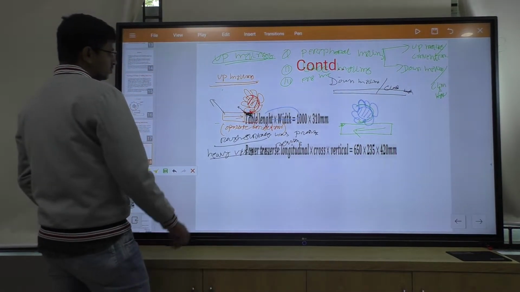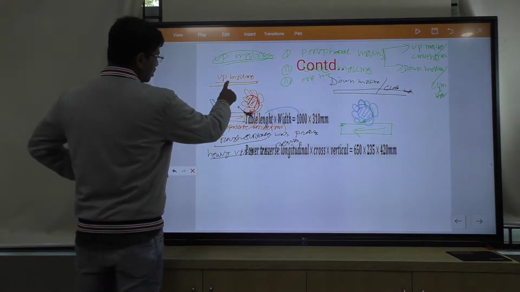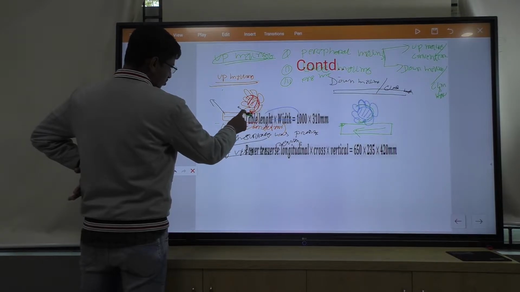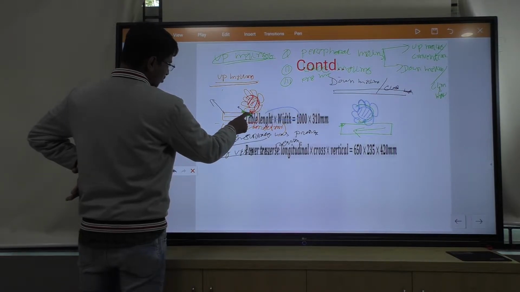In up milling, the cutter touches the point and the cut goes from thin to maximum, meaning material is removed slowly at first, and then at the last contact point of the cutter, more material is removed.